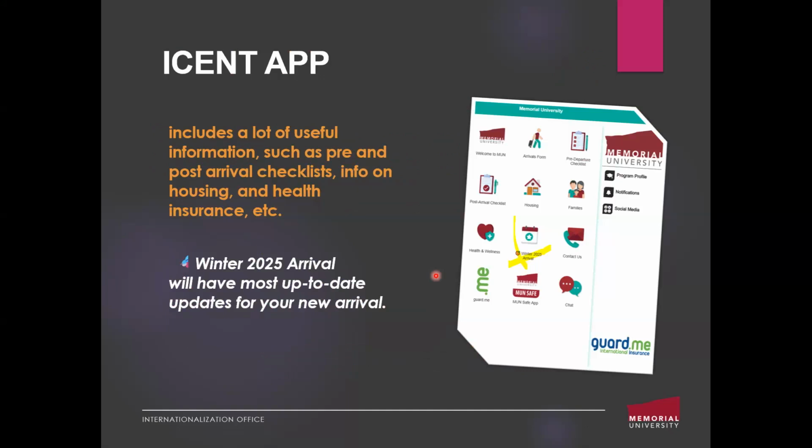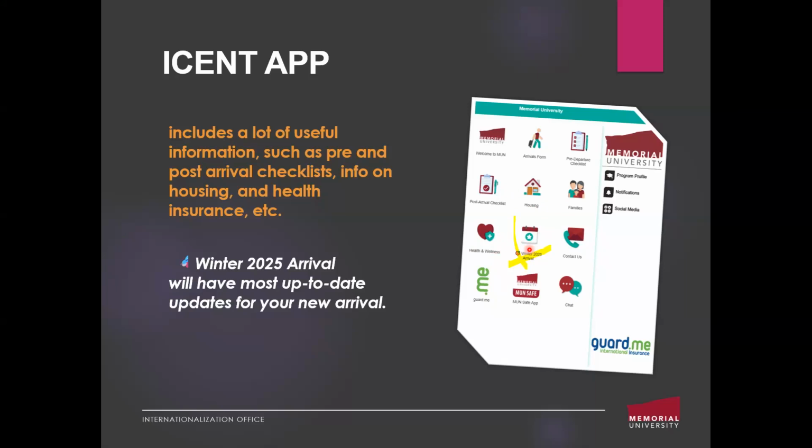So for next, we'll just go through a few more points. First, it's the ISNTEP. I hope most of you here are already using it, as it includes a lot of useful information for your arrival, such as pre and post arrival checklists, info on housing, info on families, health insurance, and here I created a winter 2025 arrival menu with the most relevant information for your travel this semester.